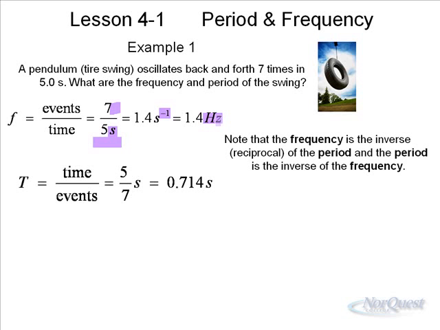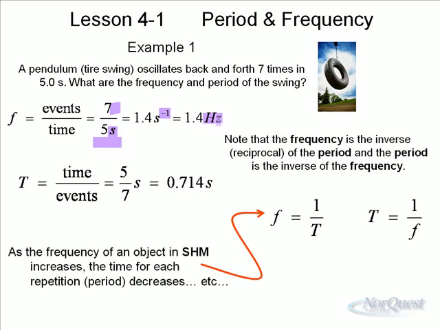So the frequency is 1.4 hertz. The period is 0.714. And notice that they are the inverse or reciprocal of each other. So we often say that frequency is equal to 1 over T, T is equal to 1 over f. They are the inverse of each other. And so as the frequency gets smaller, the period will get bigger, or vice versa. As the period gets bigger, the frequency will get smaller.